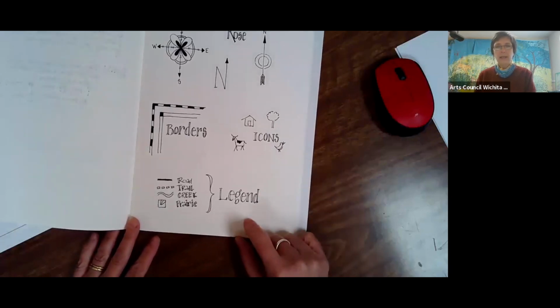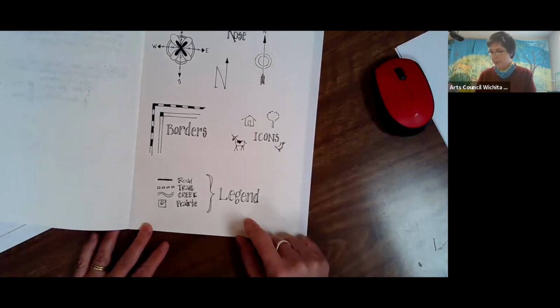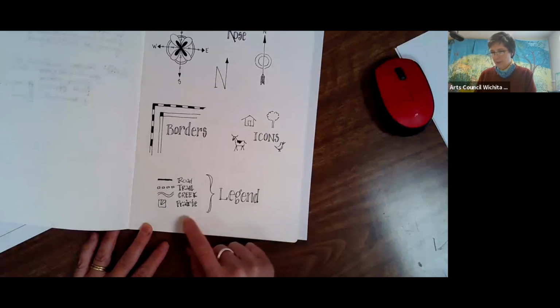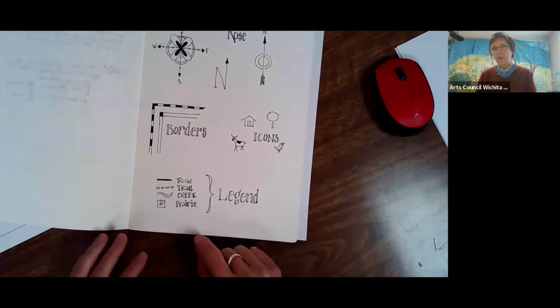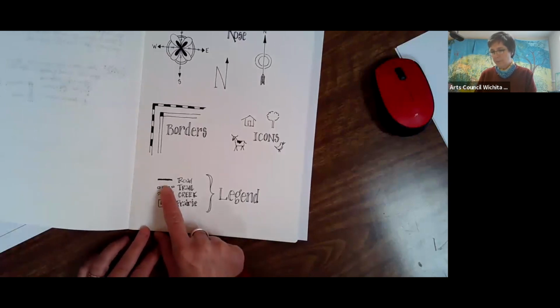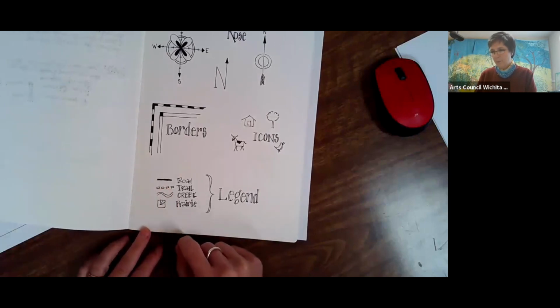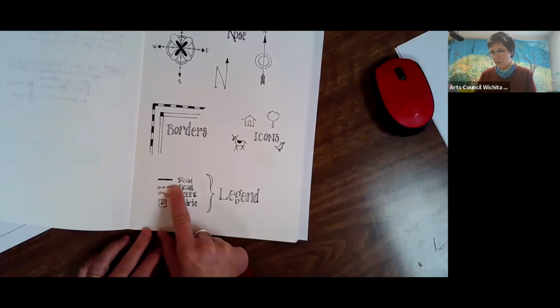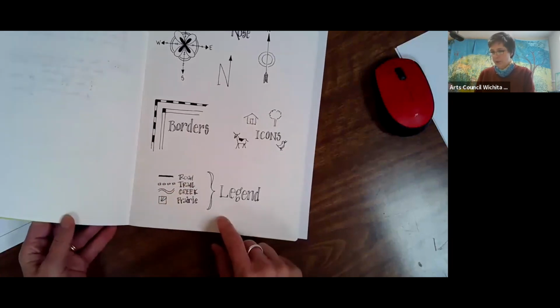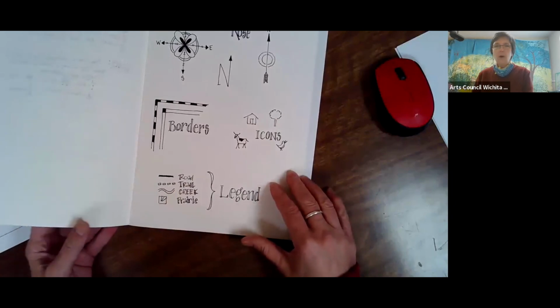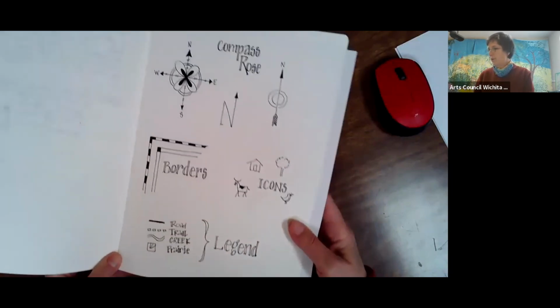We're also going to do a legend on our map, and a legend explains any of the marks that you've made on your map, like the road. We'll designate the road on there, and we're going to have a trail on there. We're going to have a creek, and we're going to have prairie. So those are the basic parts that we're going to be using today.